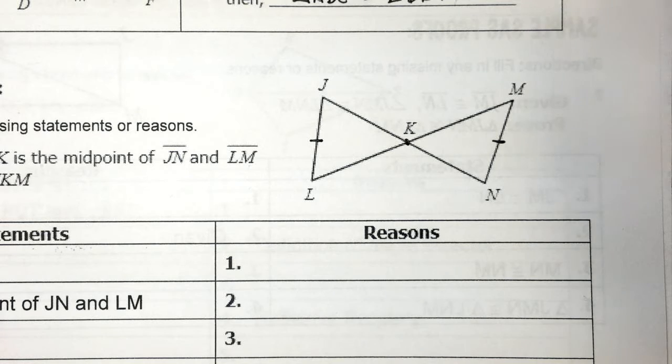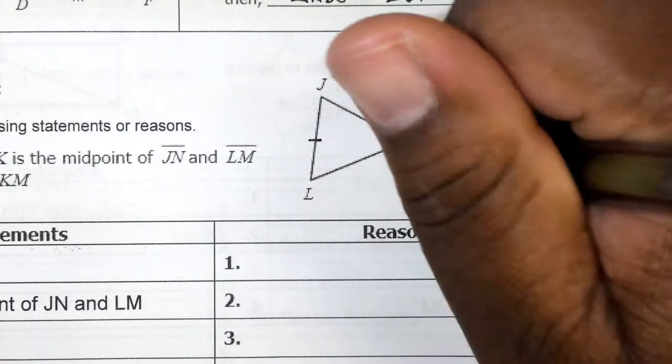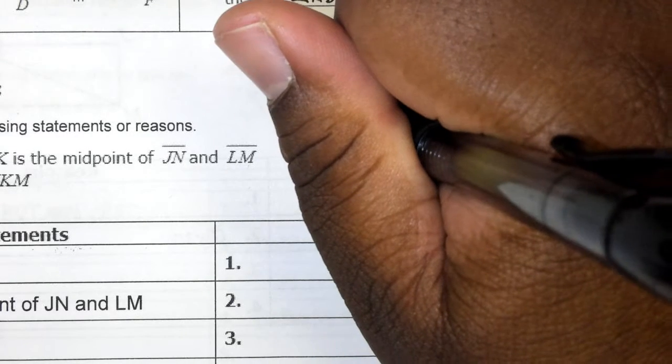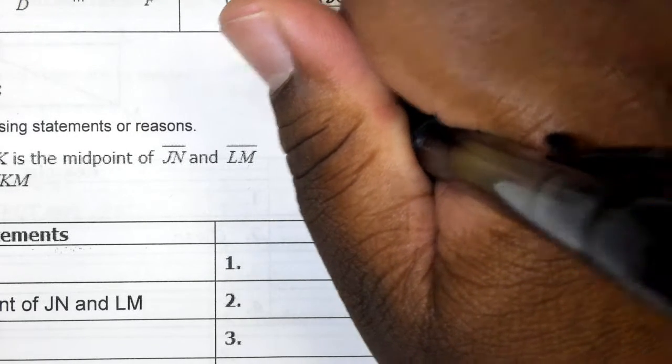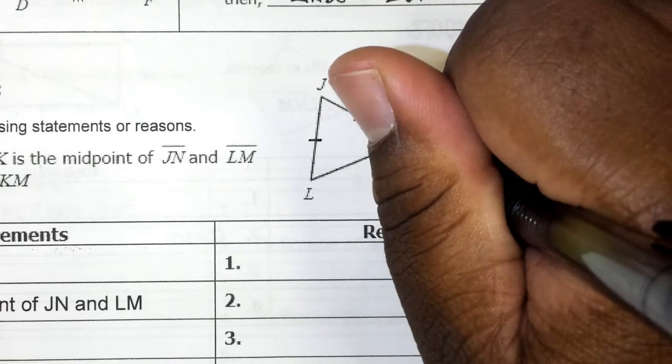You gotta be more specific. Tell me what's equal. JK is equal to KN. Yes. Since they call K a midpoint right here, you should know that the length of JK, whatever it is, is equal to the length of NK.